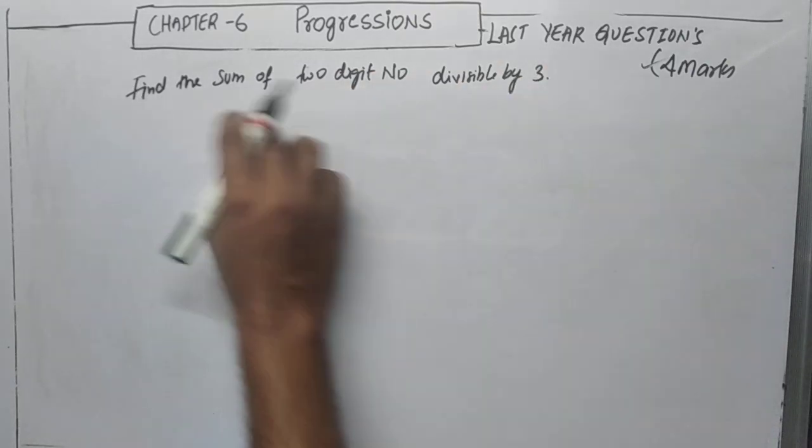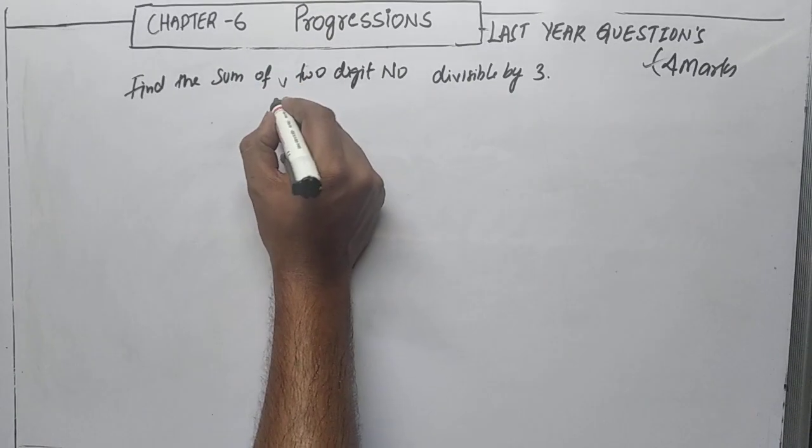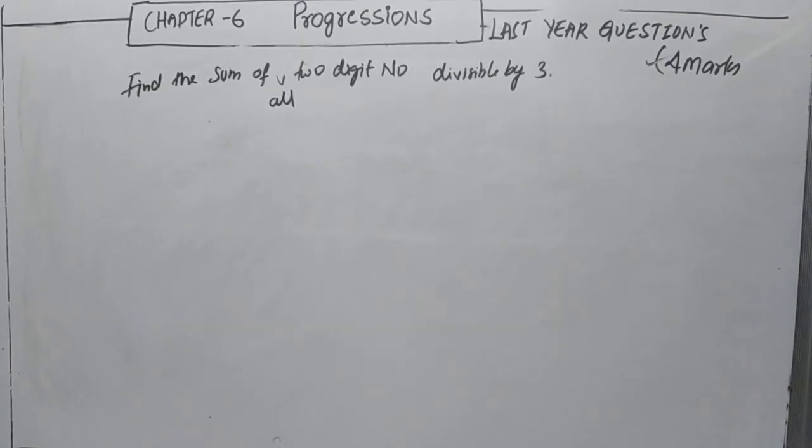Okay, so you have to find the sum of all. You can write: find the sum of all 2-digit numbers which are divisible by 3. Okay, this is the question. So these types of questions they may ask for 4 marks.